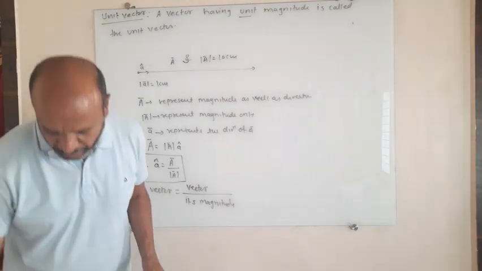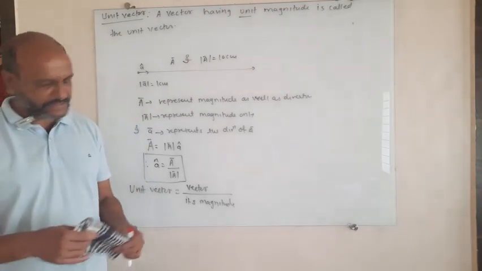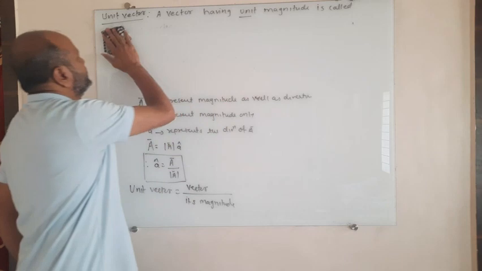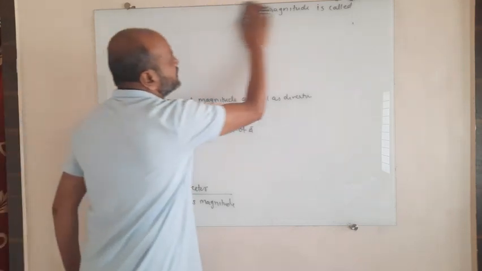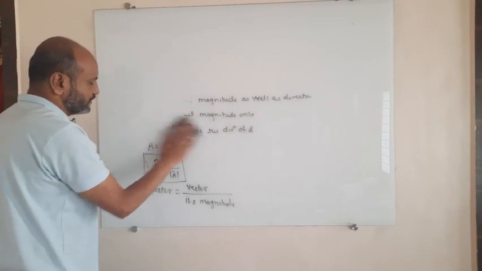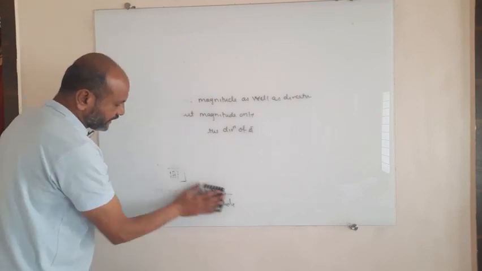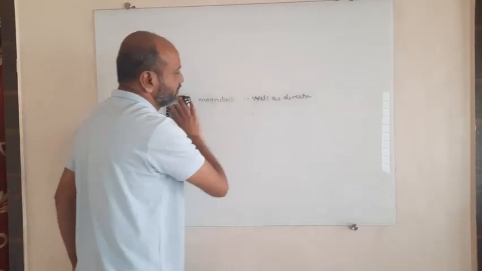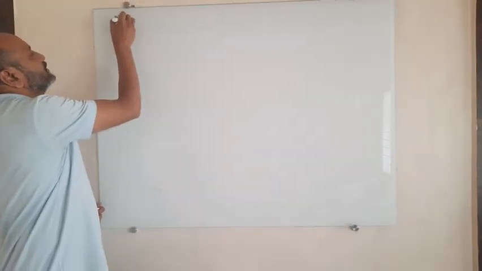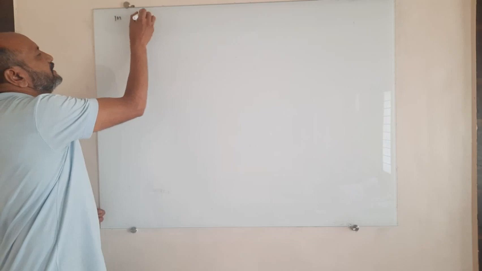But in case of a plane, there are x and y axes, and in case of 3 dimensions, there are x, y and z axes. Therefore there are 3 rectangular unit vectors in 3D.